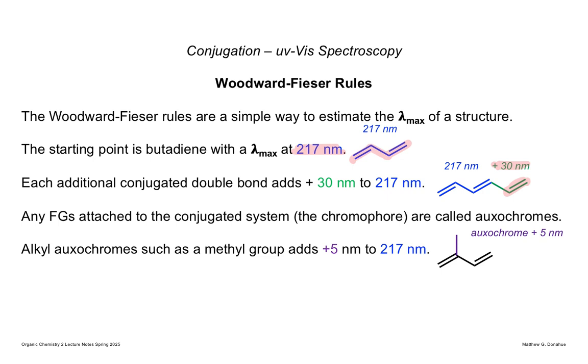And then if you substitute hydrogen for something else, that's called an auxochrome. And each of those would add 5 nanometers. So 217 plus 5, that gets us what? 222. So we added that methyl group as an auxochrome. The base was 217. It contributed 5, so we get 222.